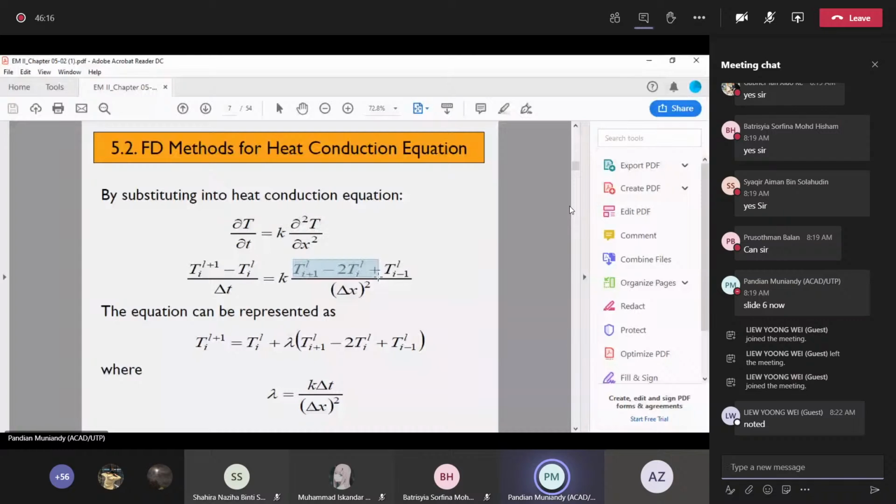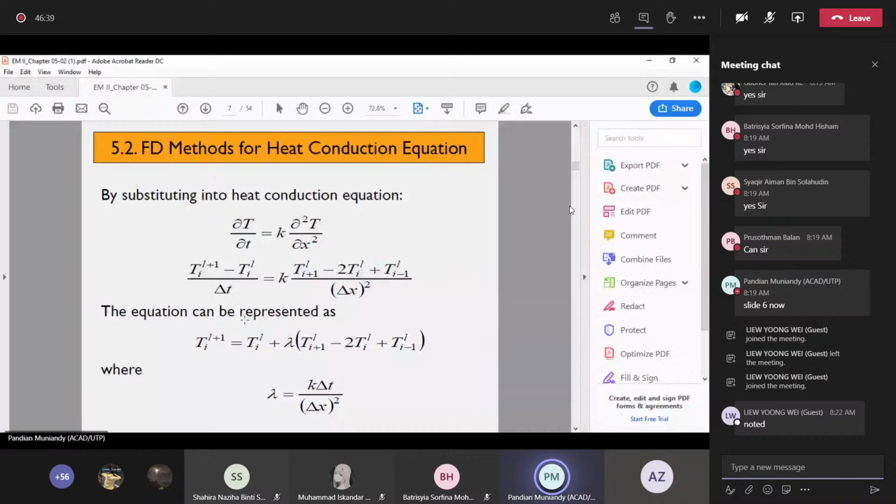Write down, yeah? Del squared T over del x squared is T superscript L subscript I plus 1 minus 2T superscript L subscript I plus T superscript L subscript I minus 1 divided by del x squared. Now, you have to simplify this. You do it now.